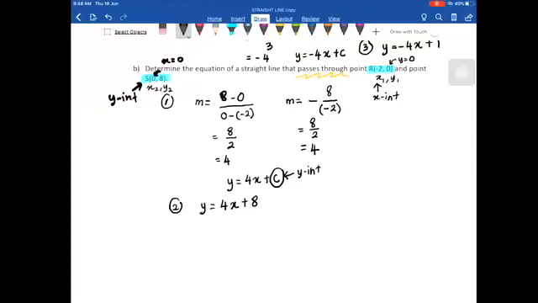Okay, soalan B ni sebenarnya dia senang. Kalau kamu ingat lah pasal benda-benda yang tak selalu orang guna. Questions? No. Okay, kita pergi kepada last sub-topic. Okay. So first tadi adalah given to you gradient and 1 point.